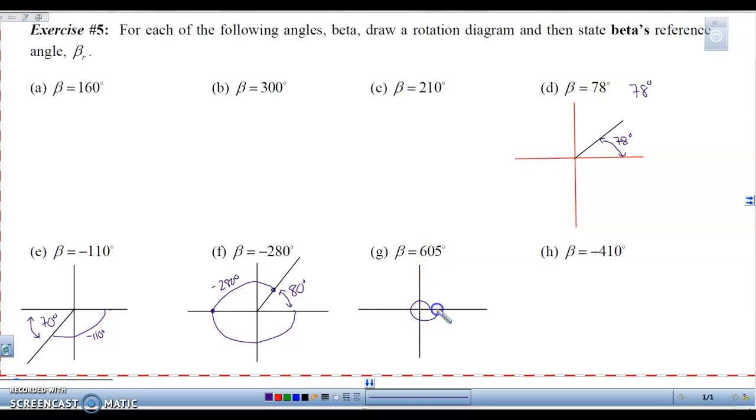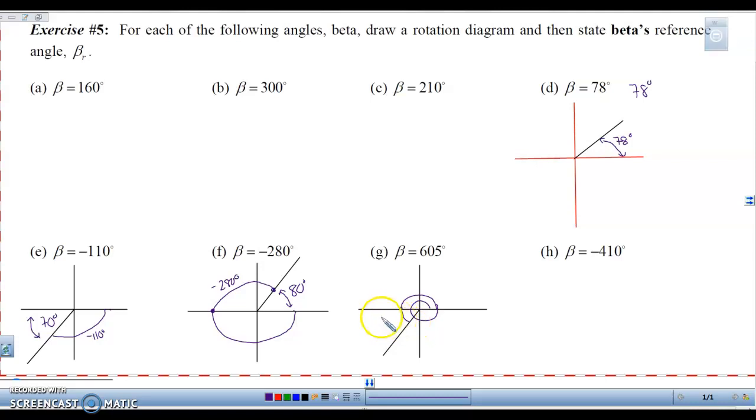Then with another 180 going around, that would be 540. 360 and 180 is 540, and then I want to go a little more than that. So 605 would fall in this quadrant right here.